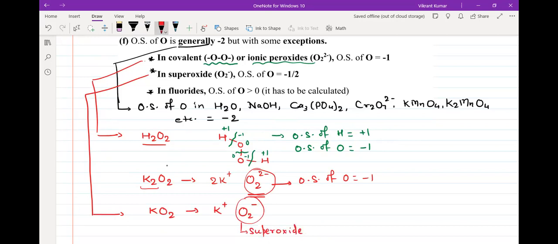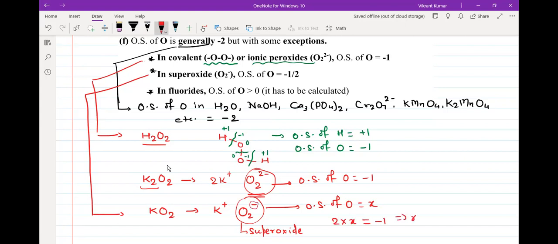Now you can apply mathematics also. मान लो oxidation state of O is X. अभी जो सीखा था वो अप्लाई करो जरा, मैथमेटिकल इक्वेशन क्या लिखेंगे? 2 into X will be equal to -1, because the total charge over this is -1, है ना?